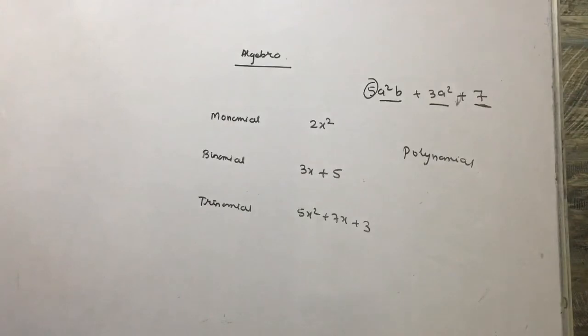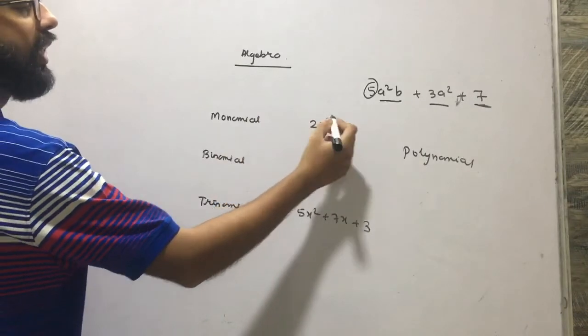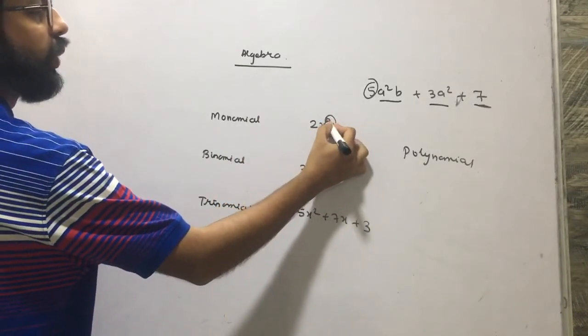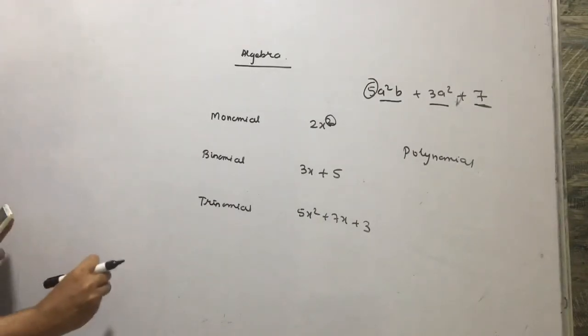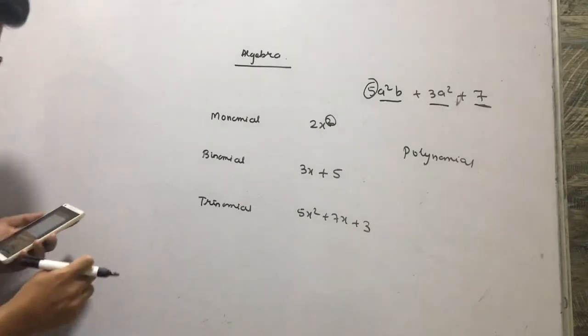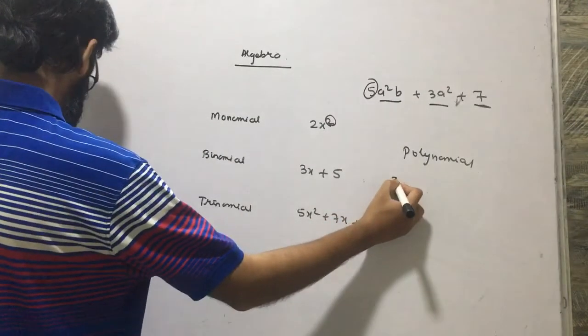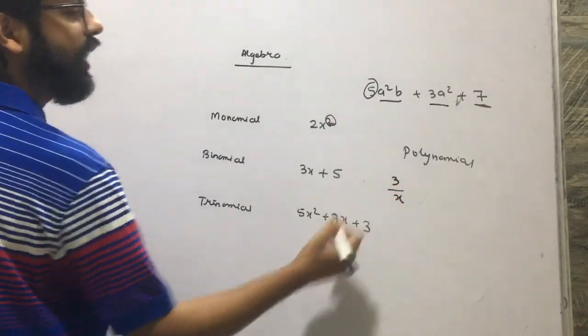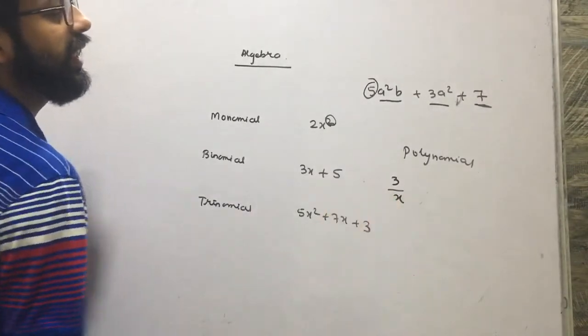Now we have to understand the power. If I consider 2x square, the power of x is 2. We call it power or degree. Always remember, in an algebraic expression or polynomial, the power cannot be negative. For example, 3 by x. We cannot write 3 by x because x is in the denominator.